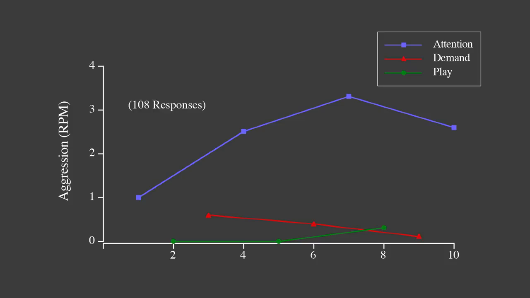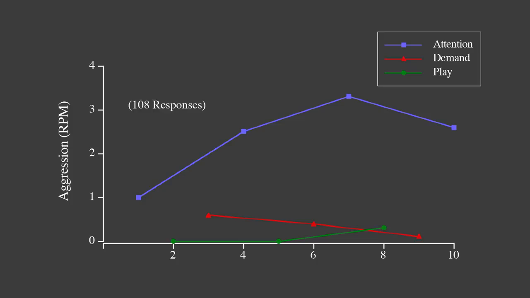Now, this graph shows the more typical functional analysis. Here we have each data point showing rates of problem behavior across conditions. And as you can see very clearly, there is a higher rate of problem behavior in the attention condition. So there's no question that problem behavior is maintained by attention. Now, what's not as easily discernible is the amount of behavior that occurred over the entire course of the assessment, because again, each data point simply shows the mean number of responses per minute across the session.